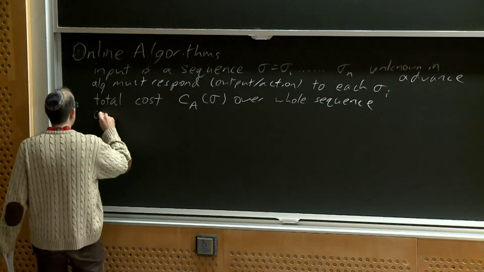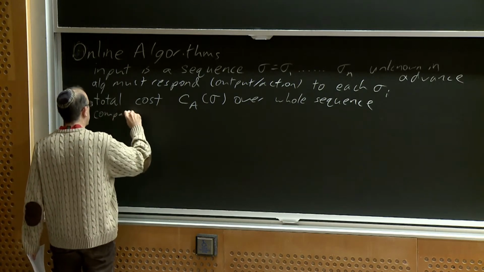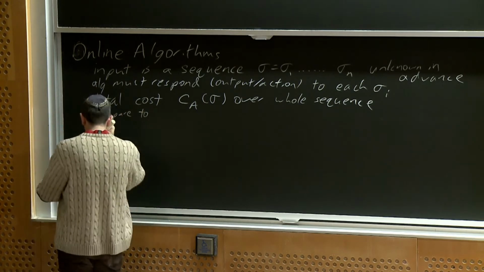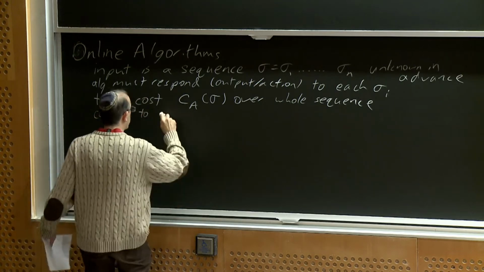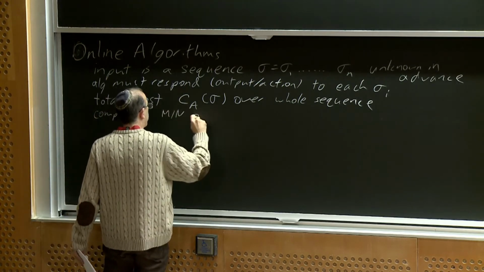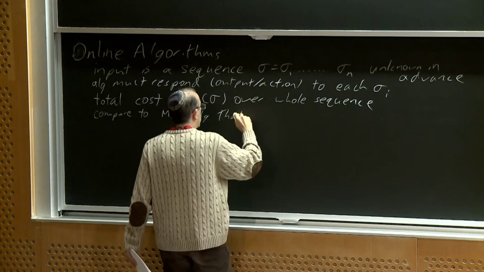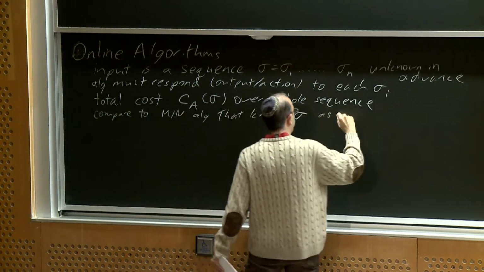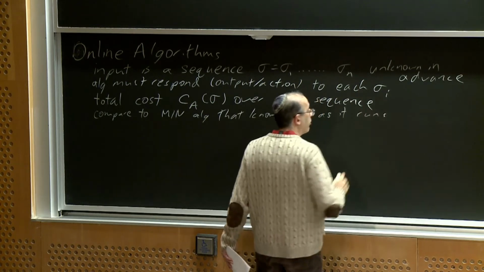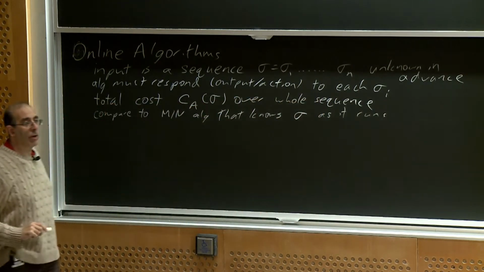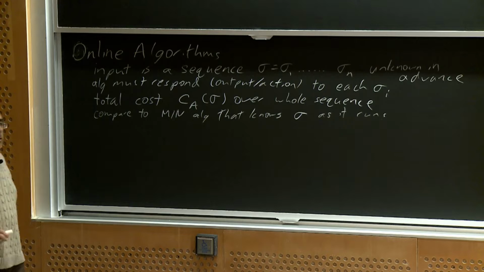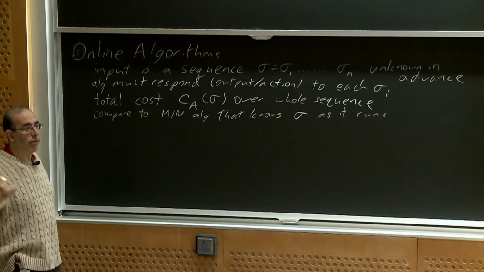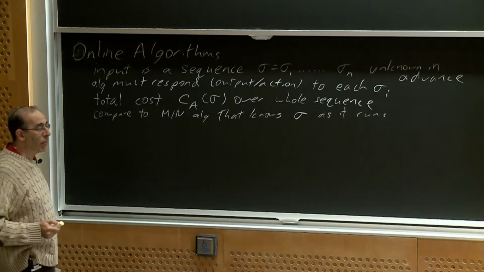So you compare it to this optimal algorithm or this minimum algorithm that knows the sequence as it runs. So it still has to do all of the actions or operations or whatever, but it knows all of the requests, all of the symbols that are going to arrive in the future.